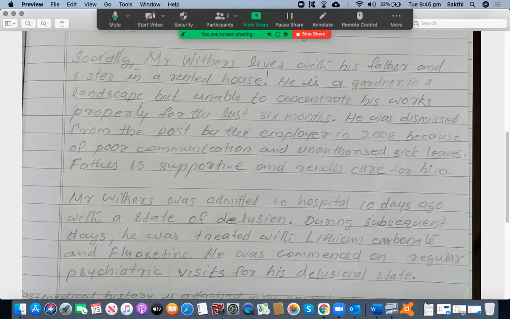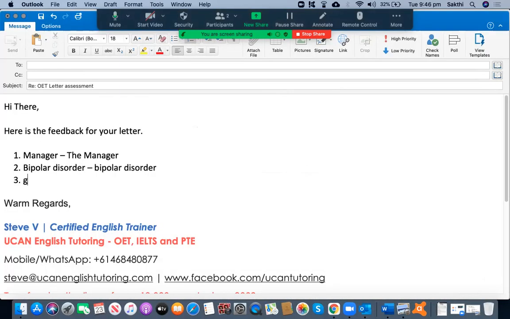Let me check the spelling here. I'm pretty confident that it must be gardener in a landscape. Yeah, that's correct. I'm right. So it starts with G-A-R-D and then there is E before N. So your spelling is incorrect. Gardener. That's what you have written.